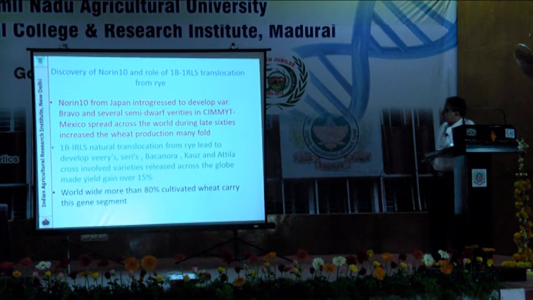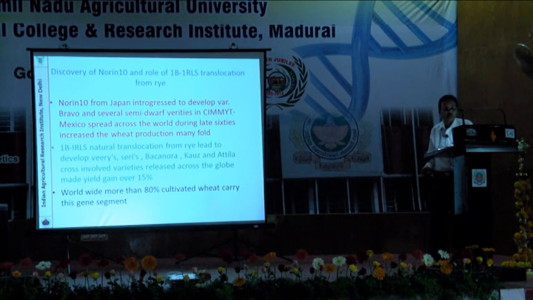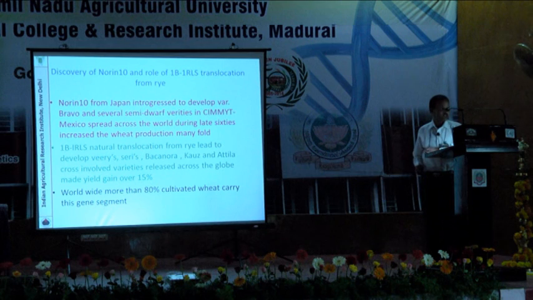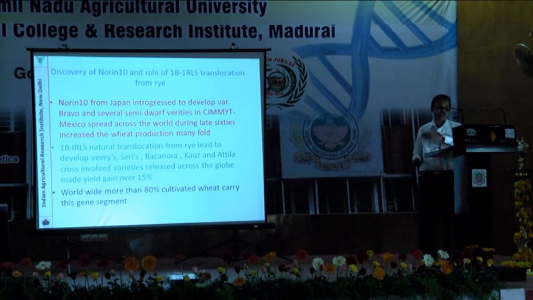The discovery of Norin 10 and the 1B1R translocation from rye played a very key role. The Norin 10 gene was identified in Japan and then taken to the USA, and the variety Bravo was developed. From there, it was taken to Mexico. Then subsequently, in the 1960s, a series of semi-dwarf varieties was released that revolutionized wheat production worldwide.